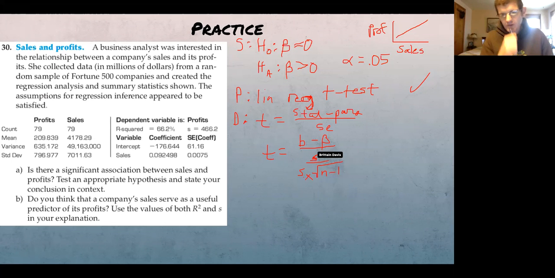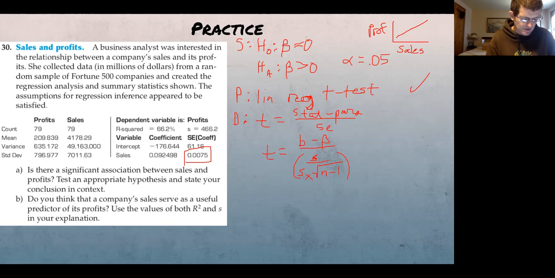Just to jump ahead, the standard error is going to be 0.0075. You might wonder why we don't just plug in 0.0075. Well, it's better to show more of the numbers if you can. So we're going to find s sub x and n, plug those in, and calculate this out more fully.